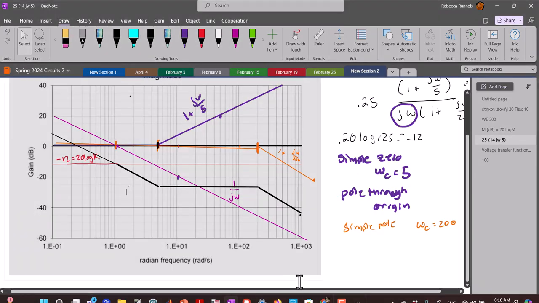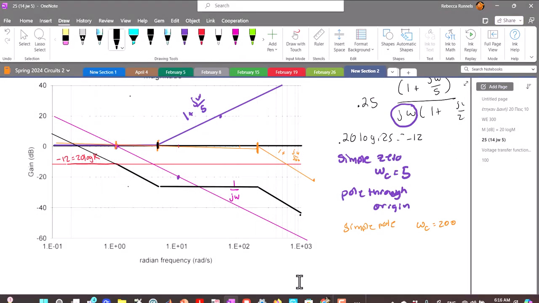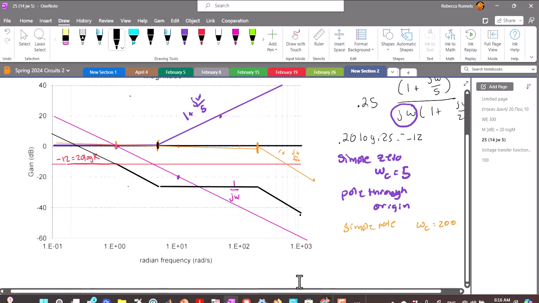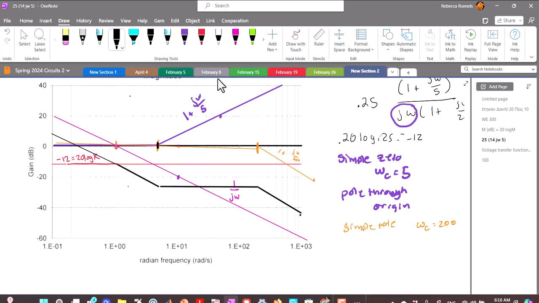Okay, at omega equals 500, we'll have the 20 log k, well, we already know what that is, that's minus 12, plus our simple zero, which will be 10 log of 1 plus 500 over 5 squared.